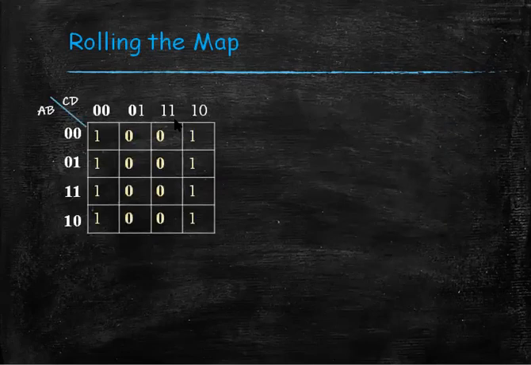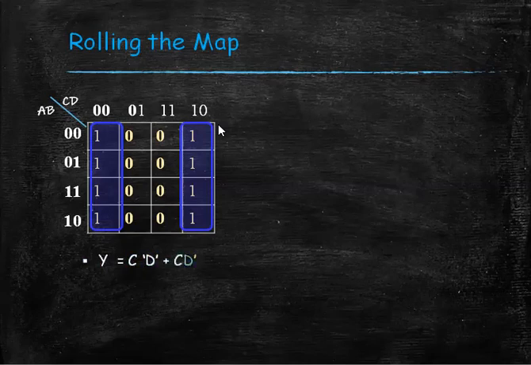Okay. Here is another example of rolling the map to form an octet. Here there are two quads. When we write the expression, we know that it is C bar D bar or C D bar. We get the result D bar.